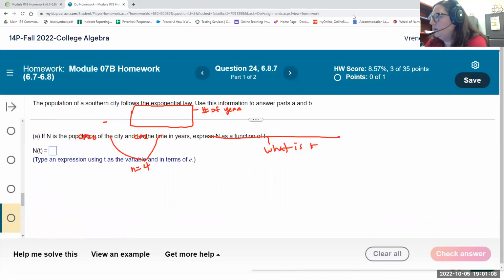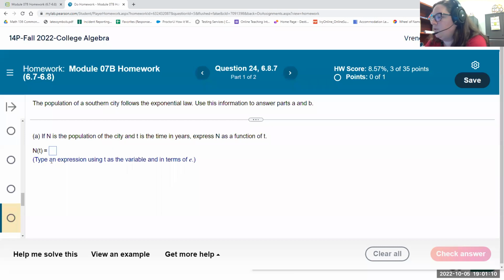So you'll have some of these questions where the first thing they want you to do is just put in the n sub 0 e to the kt. You're not finding anything, but then you have to actually come up with the formula to use. And so you have to figure out what k is, but you don't really have to figure out what k is.